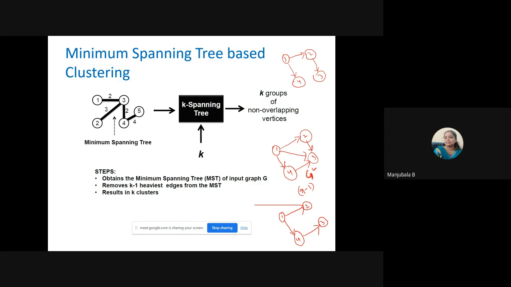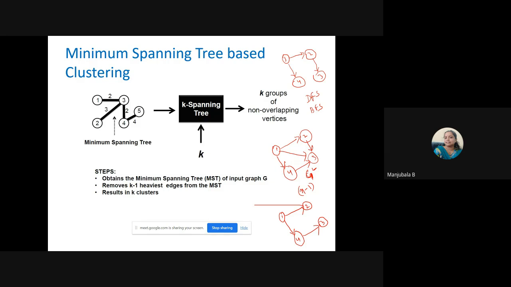If you have studied graph data structures, you know about depth first search and breadth first search. If you apply DFS to a graph, you get the DFS spanning tree.